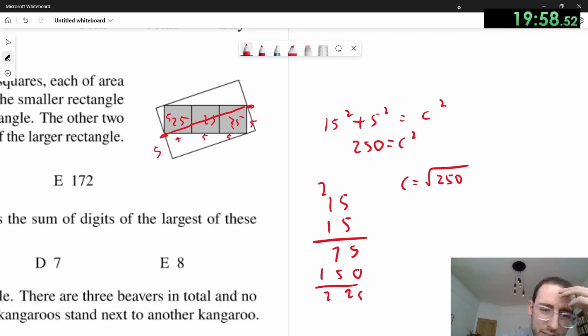Am I being really silly? Is this just a fraction thing? Are these similar? We've got this long length is root 250.